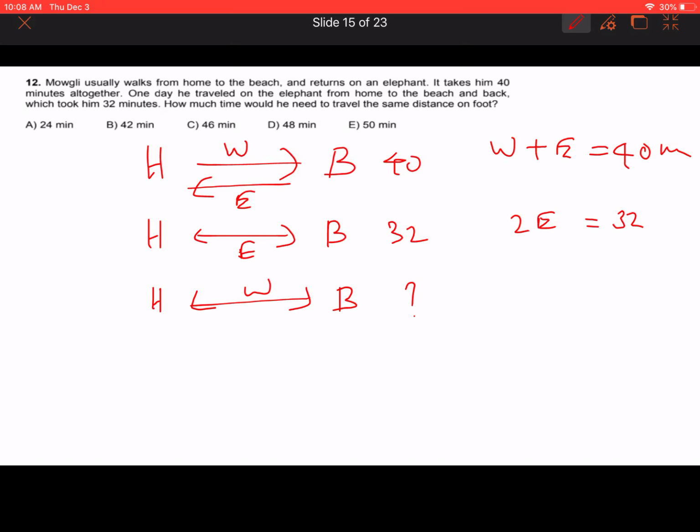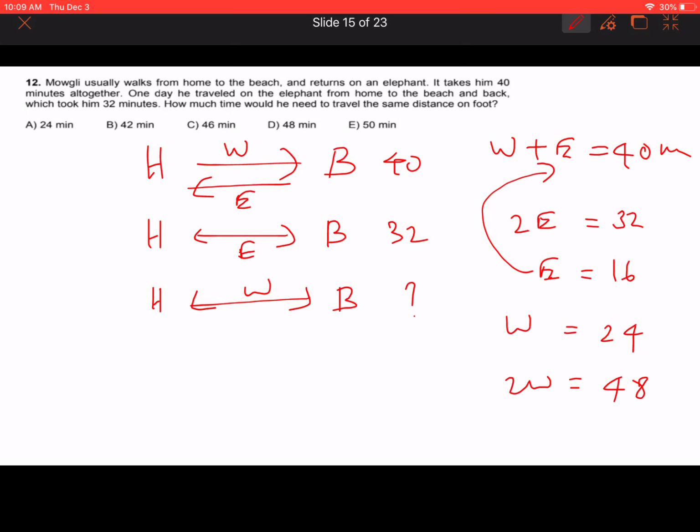So E is 16, right? Substitute this here, so the walking becomes 24. But he has to walk both ways, from home to beach and beach to home, so it means double, right?